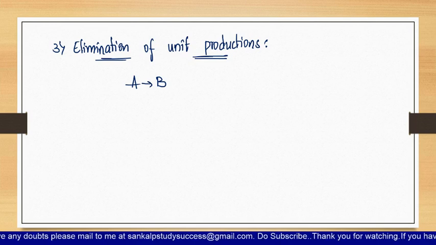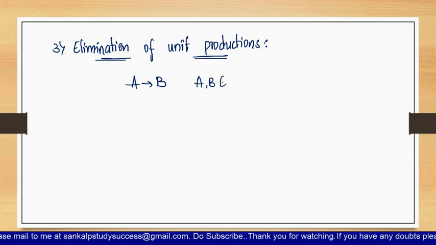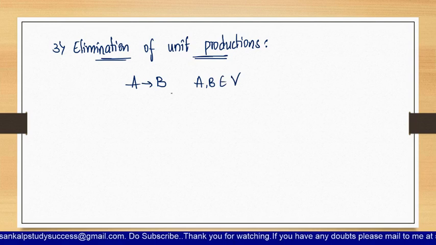Any production which is of the form capital A tends to capital B, where A comma B belong to your variables, is known as a unit production. That means in the RHS, you should have only one non-terminal. If you have only one non-terminal, then that is known as a unit production.